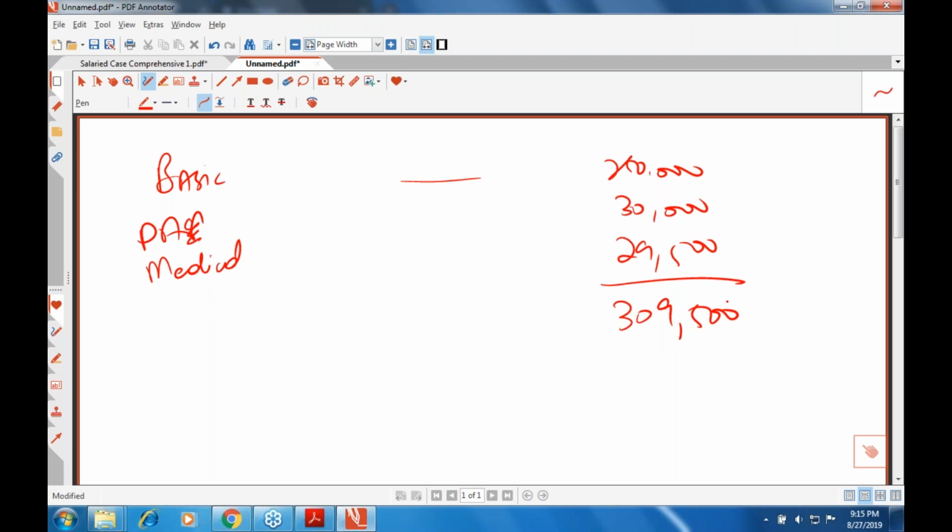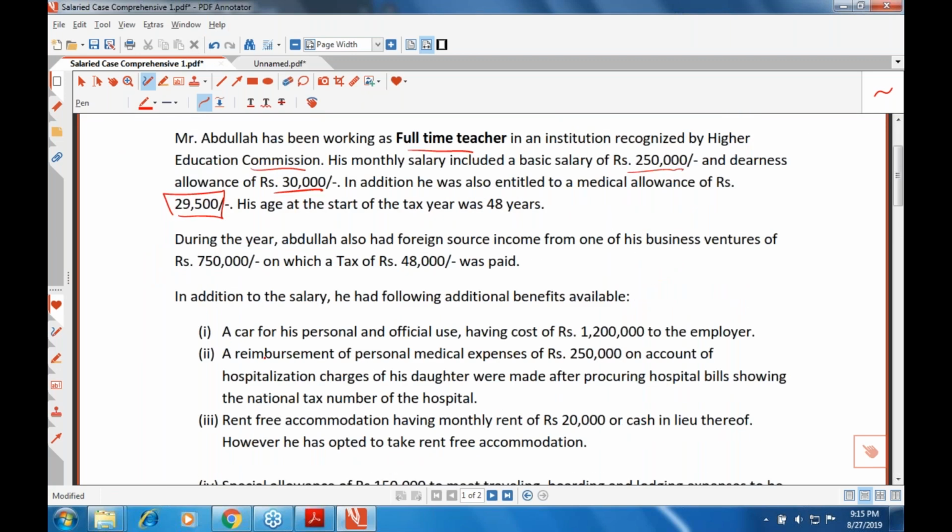That's the monthly remuneration. He says during the year, Abdullah also had foreign source income from one of his business ventures of 750,000, on which a tax of 48,000 was paid. I would tell you to ignore this right now.